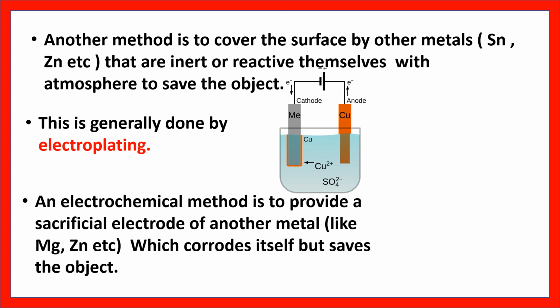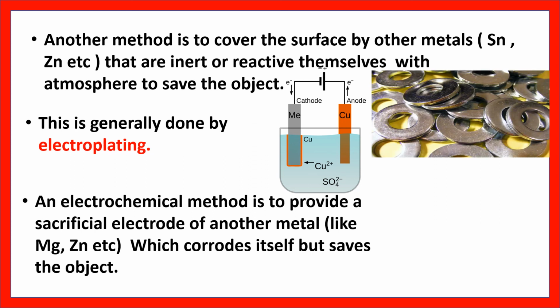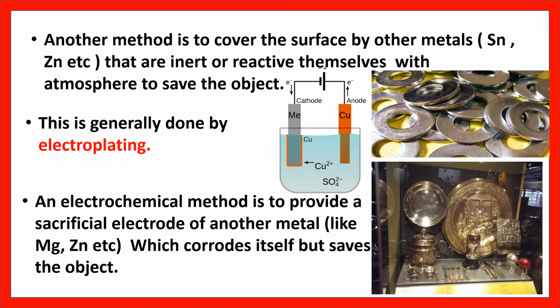So we choose such metals for electroplating. Like this, many items are electroplated to save the item which would otherwise corrode inside. That's why we use these methods to prevent corrosion. Thank you, students.